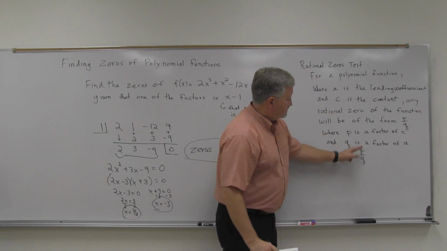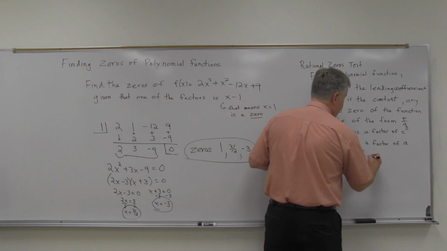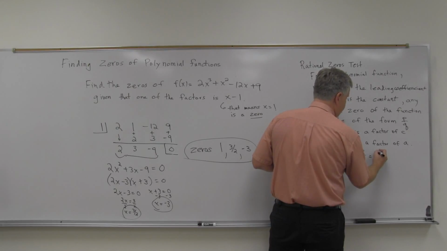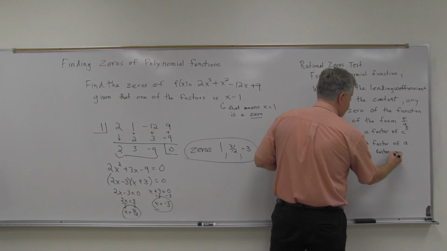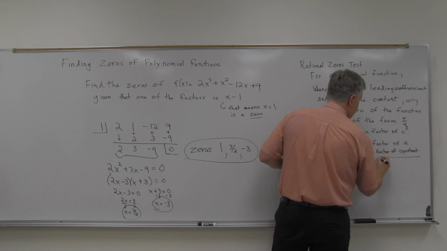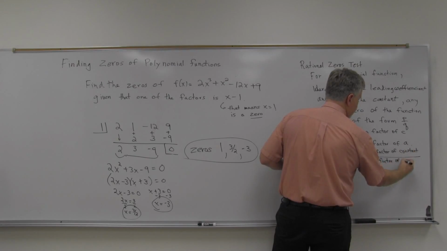So rational zeros are of this form, P over Q. P is going to be a factor of your constant, over Q, which is a factor of the leading coefficient.